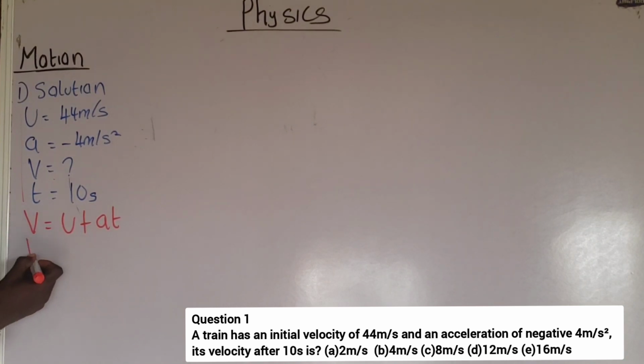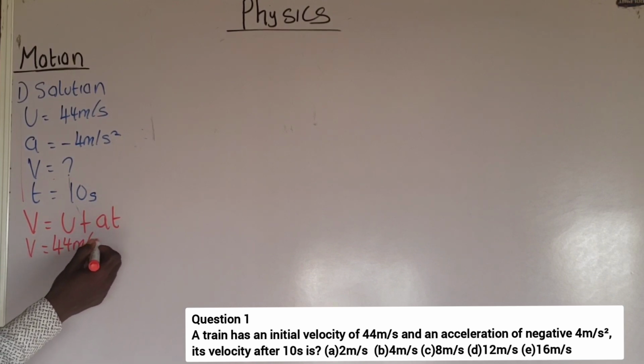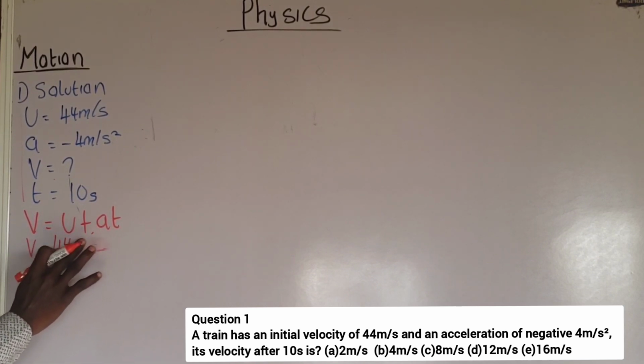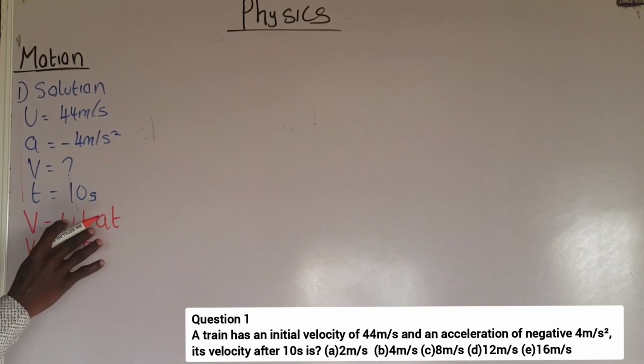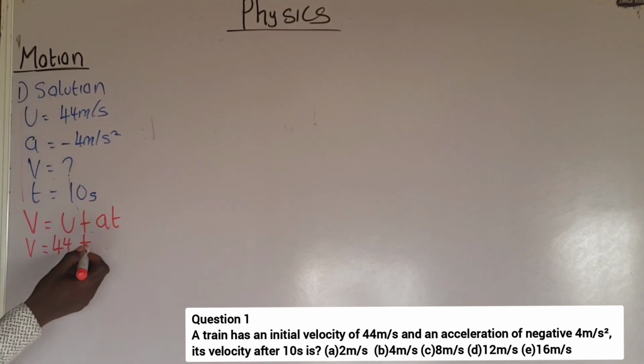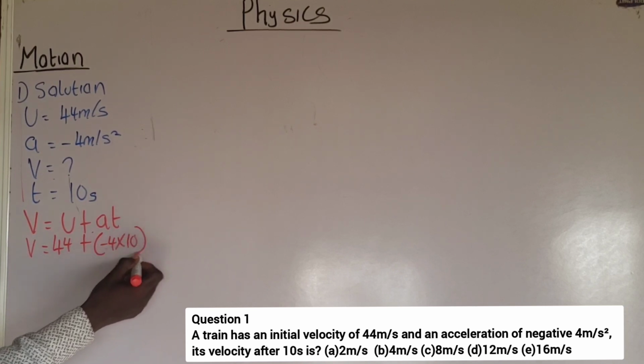Here, v equals u. u is 44 meters per second, so I'm going to have 44. There is no need of putting units. Plus a, which is -4, multiplied by t, which is 10.